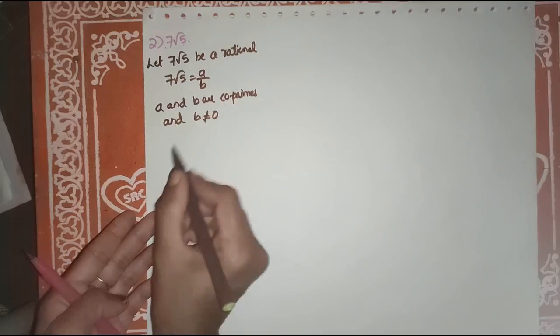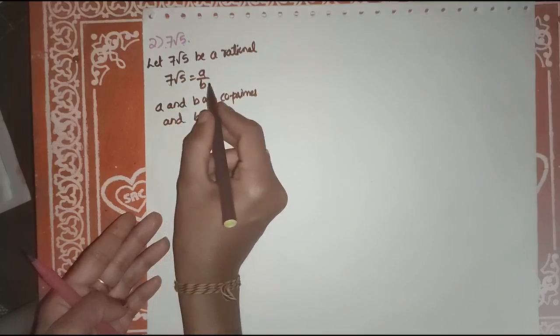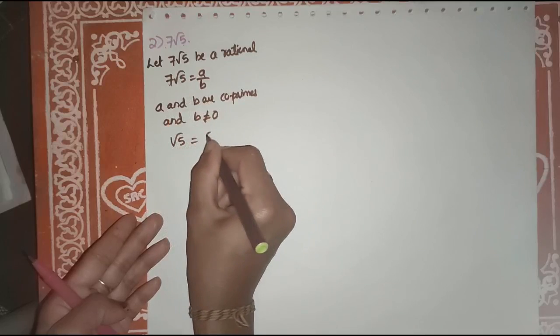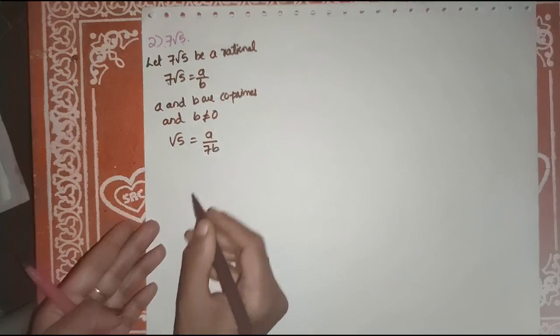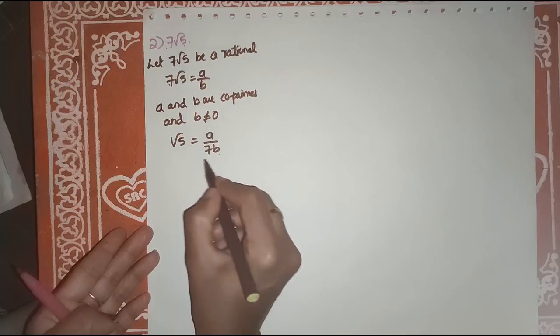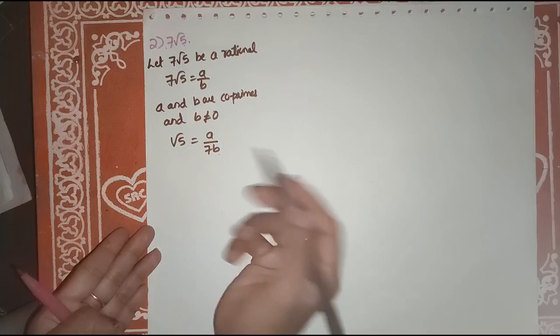Then root 5 equals a divided by 7b, which is in the form p by q, so it is rational.